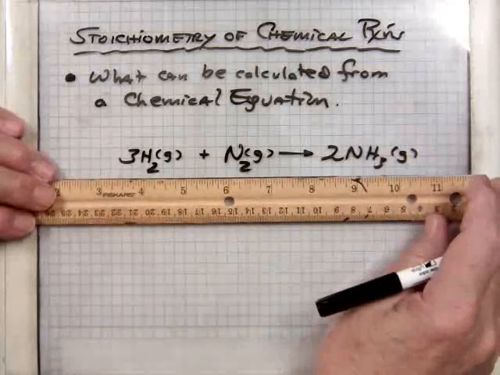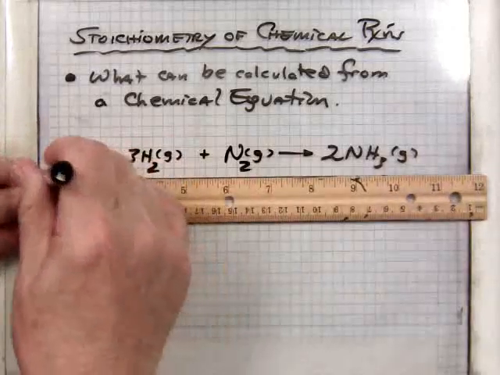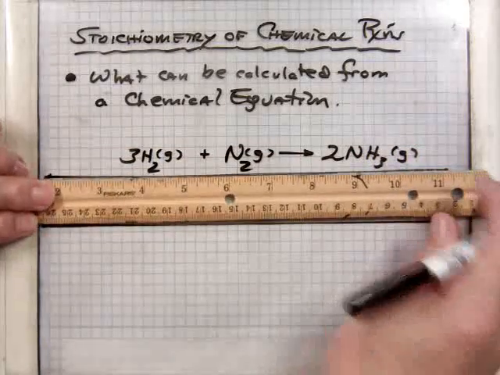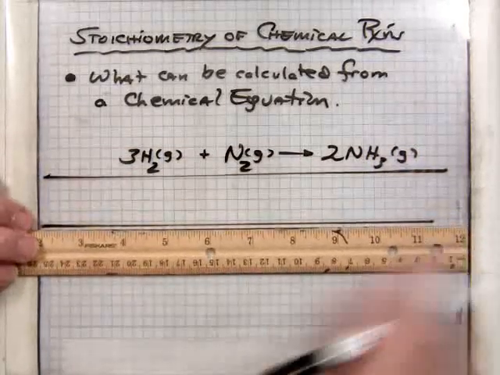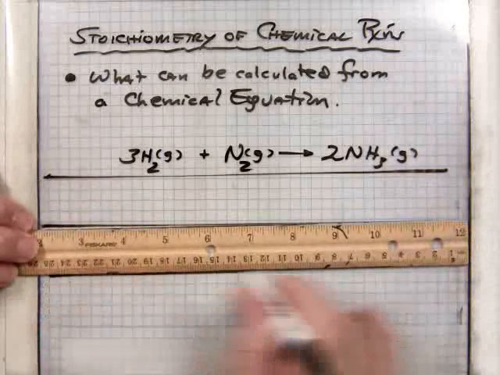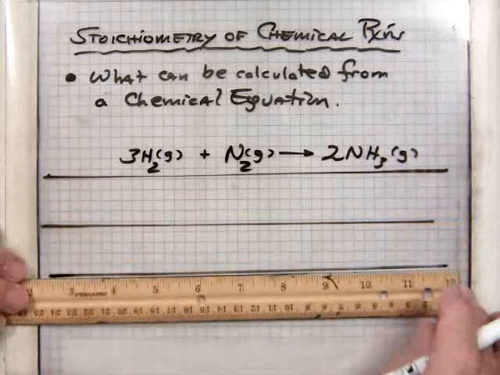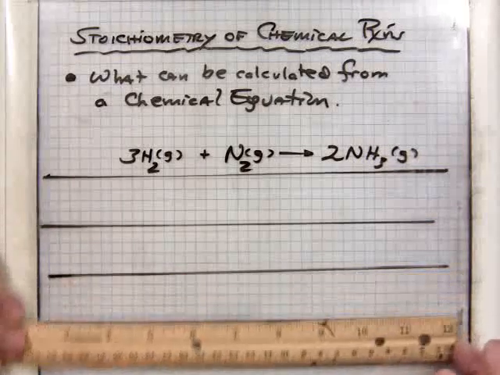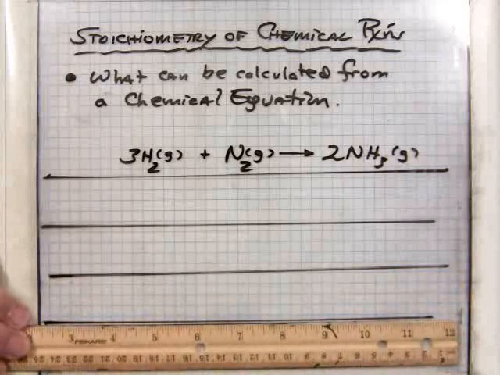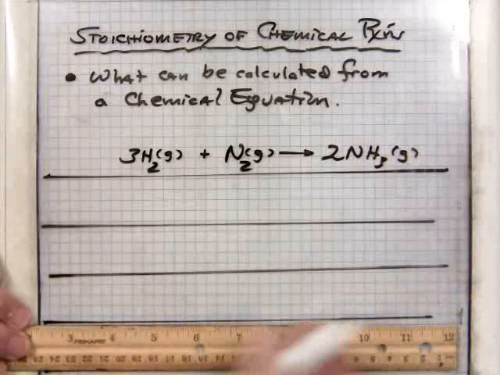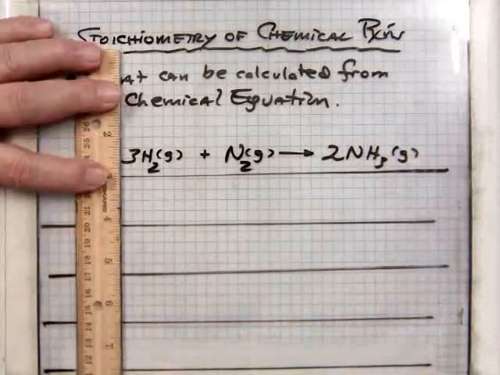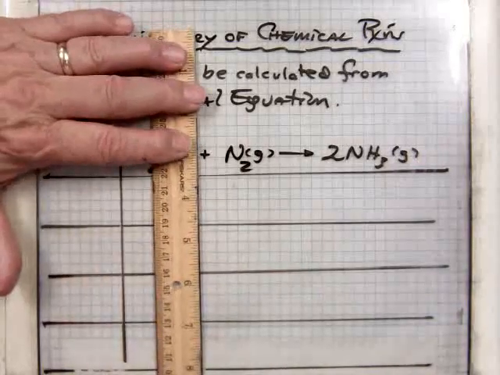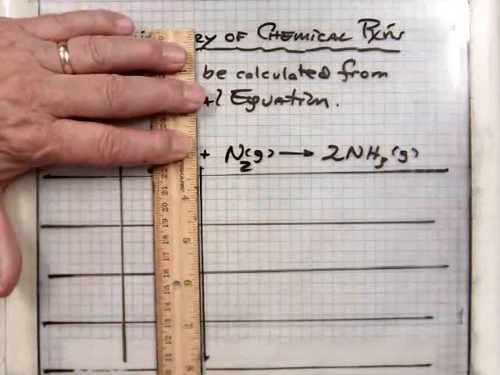Now first, we want to make a list of those items that can be made or calculated from a chemical equation. Just kind of partition everything off like this and then fill in the blanks.